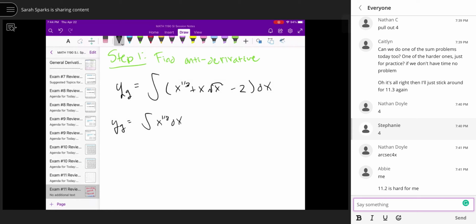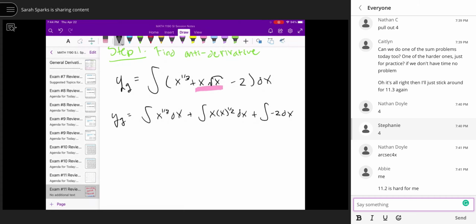So we're going to have the integral of x to the 1/3 dx plus the integral, and then we see we have this x times x to the 1/2, or root x. A lot of times we like to rewrite those roots as 1/2 powers. So let's do that first, and then we can combine them in the next step. And then we have plus the integral of -2 dx.